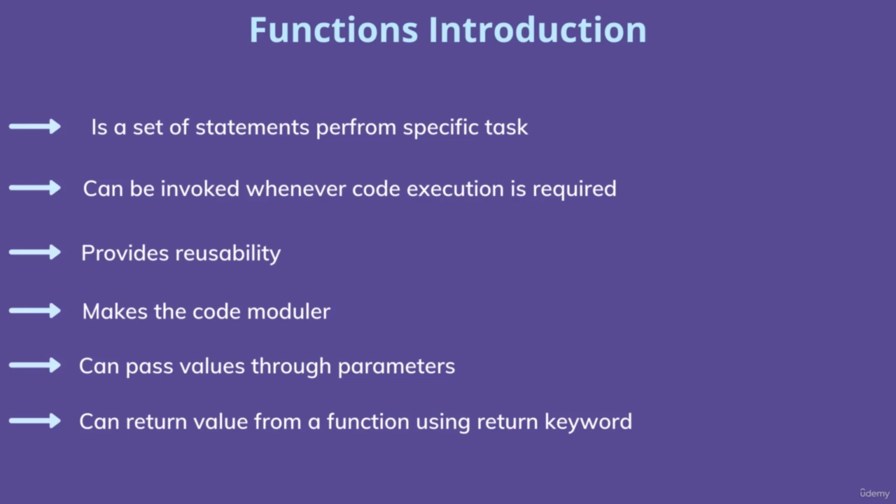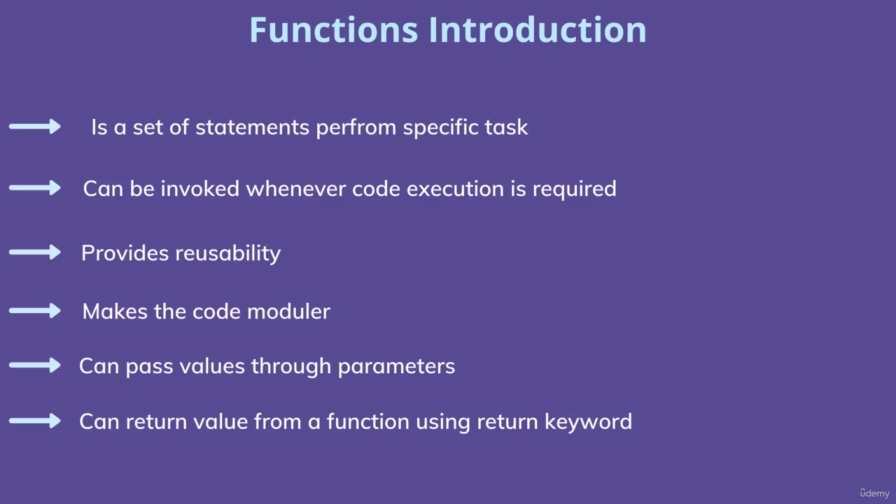For example, if I define a function which adds two numbers, 2 plus 4, it will always give me 6. But if I allow parameters in the function, every time I call that function, I can pass a different value. So in this case, my function will be more effective and able to give me a better result.